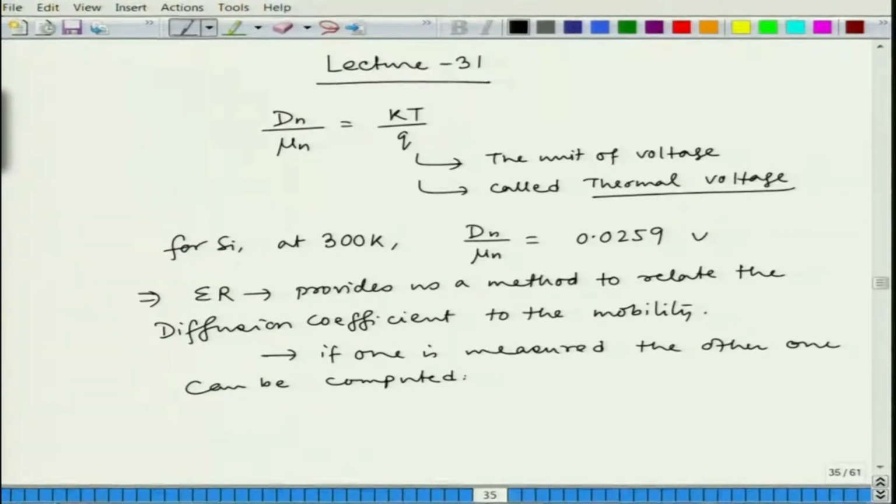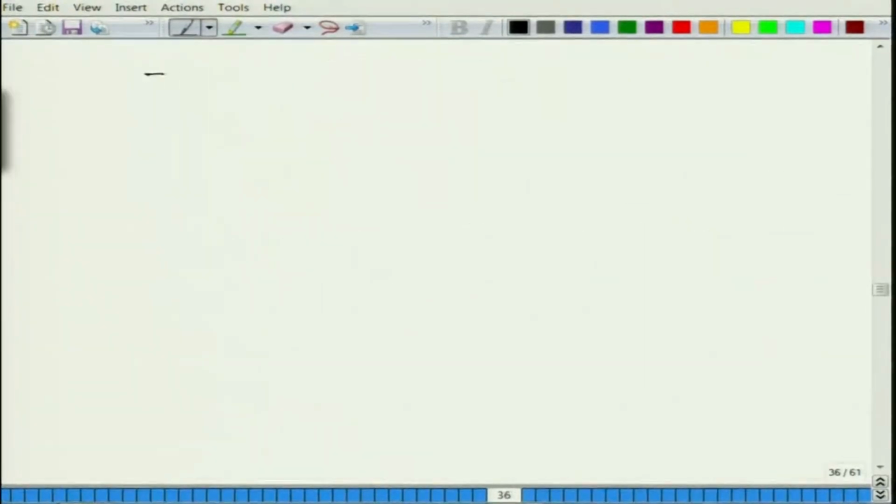Right. Now, so far we have talked about the carrier flux, either the drift flux or diffusive flux. Now, what other things can happen to these carriers?